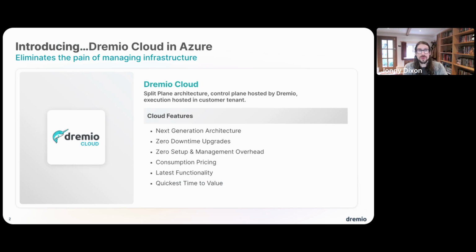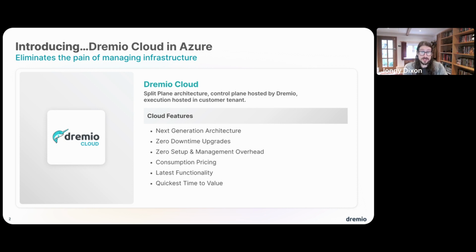We're going to walk through how Dremio Cloud in Azure eliminates the pain of managing infrastructure and makes customers more productive in a shorter period of time. If we look at Dremio Cloud as a general overview, what we'll see is that there is a split plane architecture. In that split plane architecture, the control plane is hosted by Dremio.